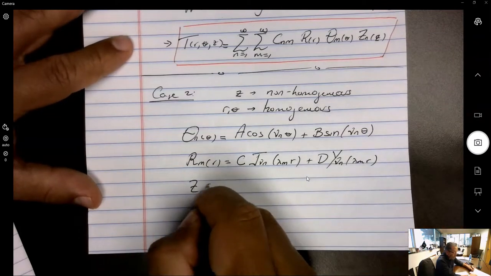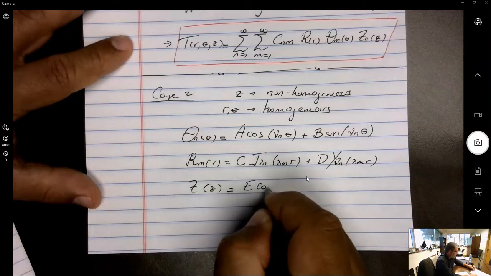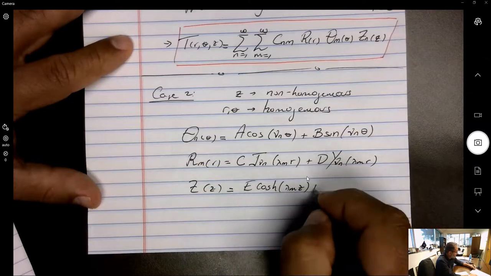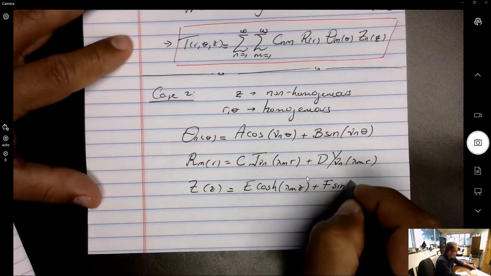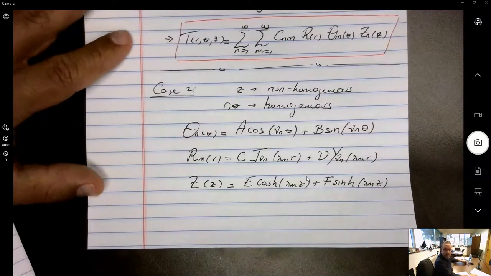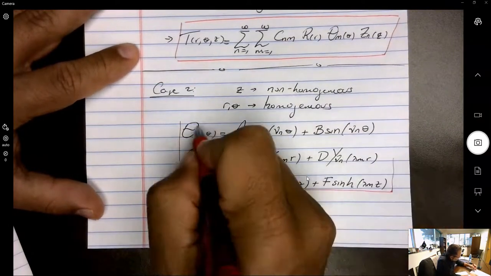And the function in the z direction would be the hyperbolic cosine and hyperbolic sine, lambda m z, plus f times hyperbolic sine of lambda m z. So these are the functions, the result of the separation.